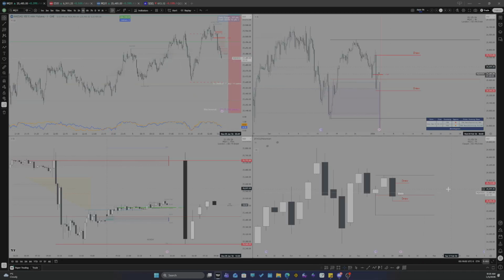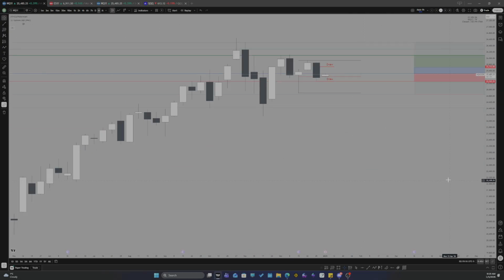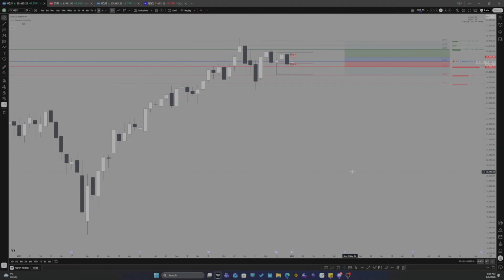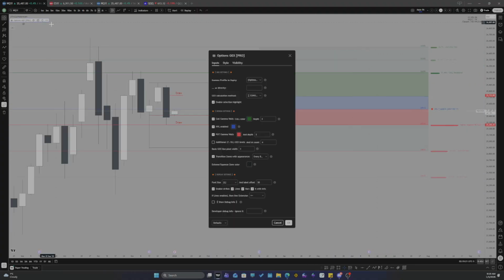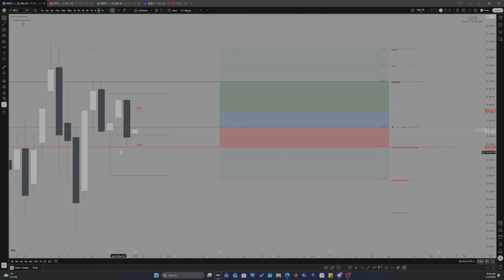Let's look at gamma exposure levels. If I'm going here on the weekly chart and I am using this gamma exposure level indicator, which is showing me the optimal monthly expiry profile, we see how price has perfectly bounced from this level.